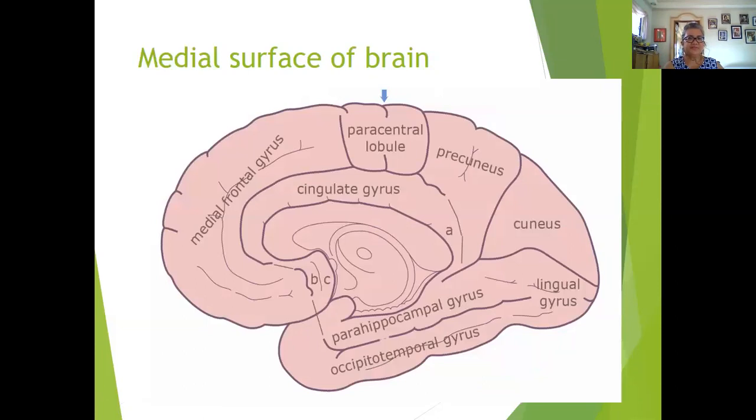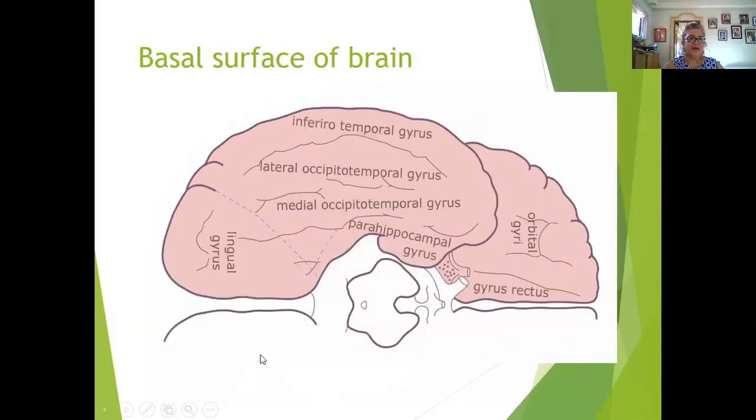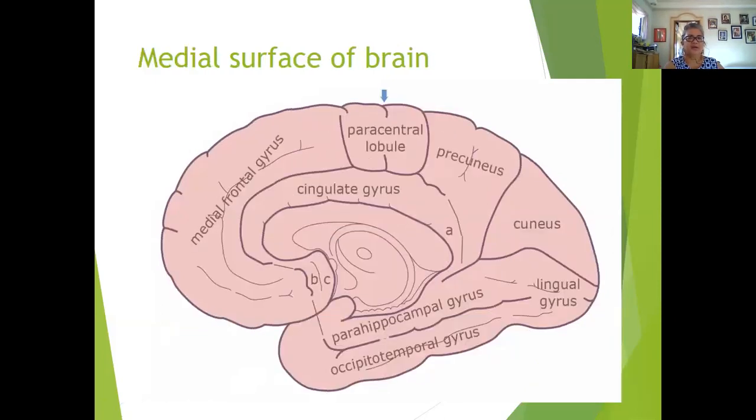So the medial surface of the brain, the important marker that you should remember is the cingulate gyrus. And then the corpus callosum, this one.